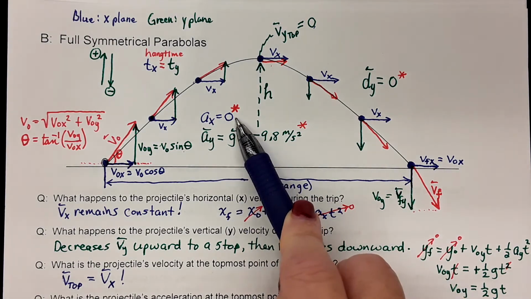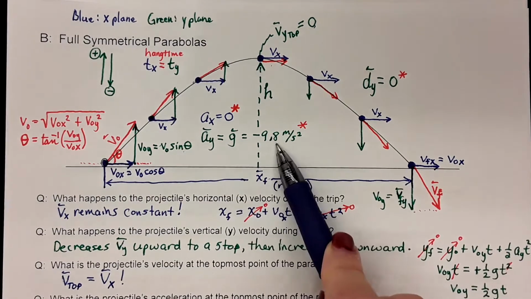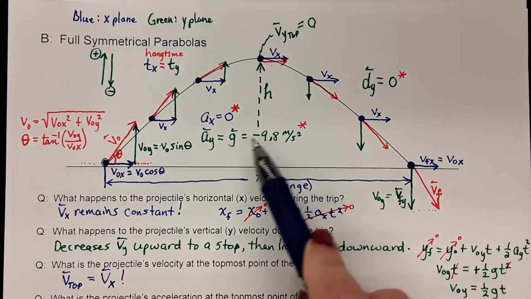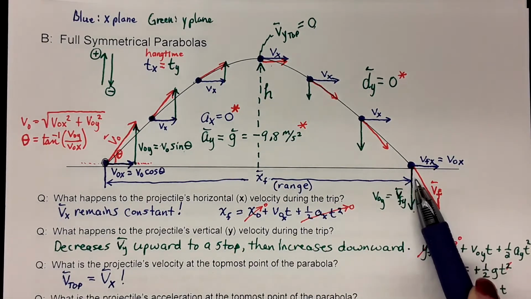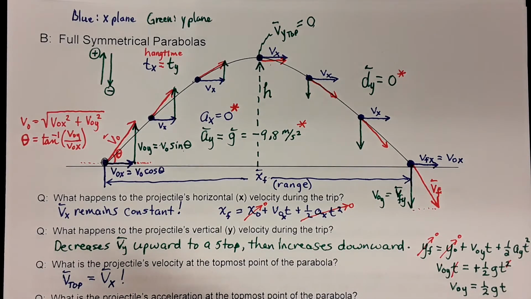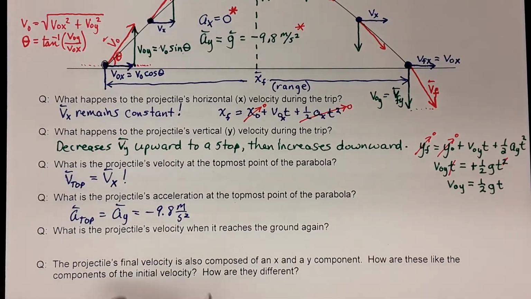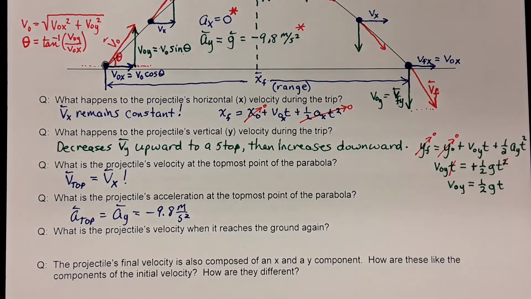So if one acceleration is 0 all the time, and the other is negative 9.8 meters per second squared all the time, then what is it at the top? Well, the acceleration at the top is just the vertical acceleration. Oops, I'm sorry, you couldn't see that. There we go. It's just the vertical acceleration because the other part is 0. Does that make sense? I hope so.